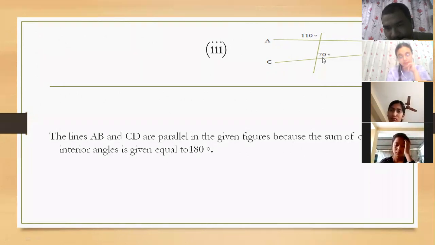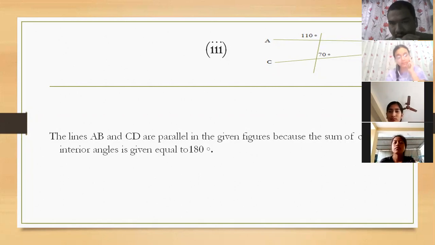Co-interior. First of all, this is vertical of the angle. After that, it will be co-interior angles. Are you clear, children? Yes, sir. Good, very good. Should I proceed to the next slide? Yes, sir.